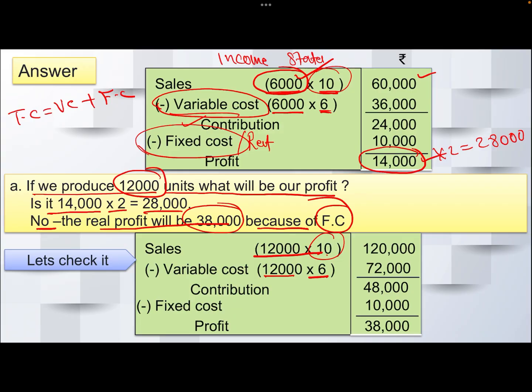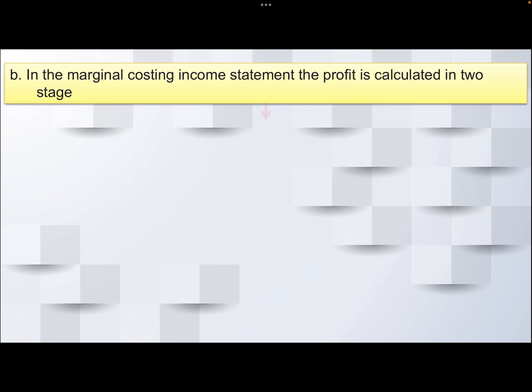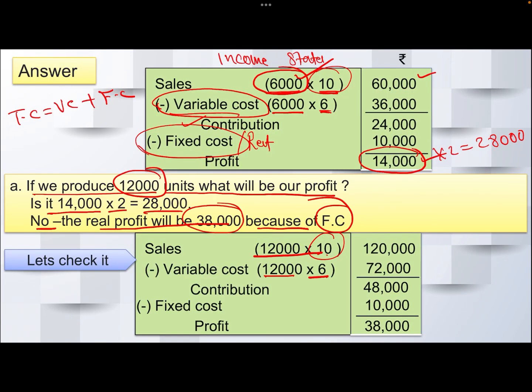So first prepare the marginal cost sheet. The format is sales minus variable cost is equal to contribution, minus fixed cost is equal to profit. I think we had better write this. After that we can continue with the remaining portion.